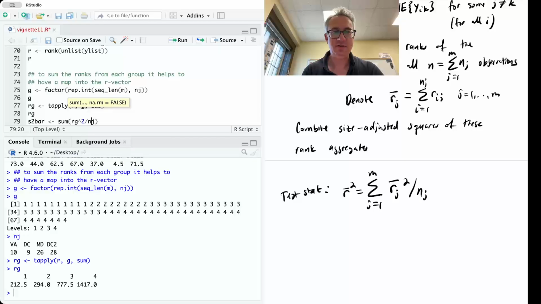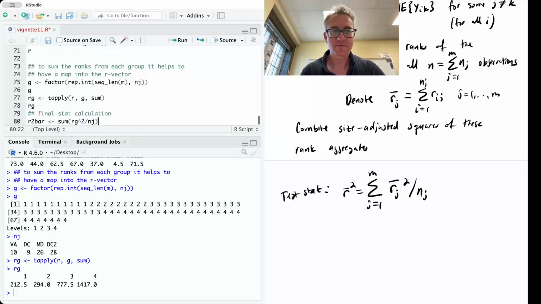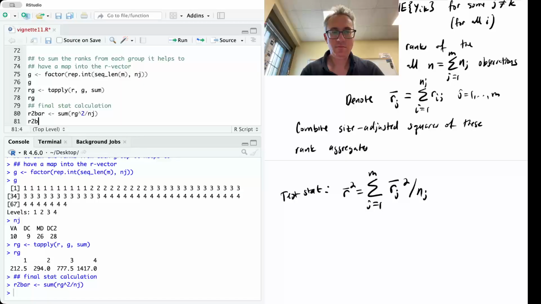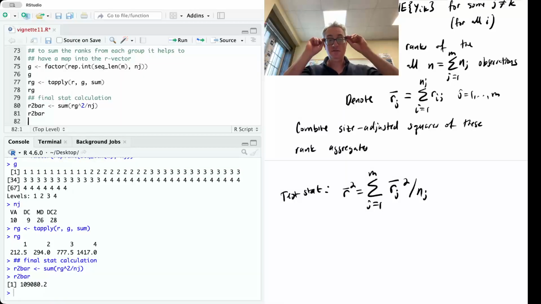So that gets us the final statistic. That should be called the final stat calculation. Okay, so that's our test statistic.